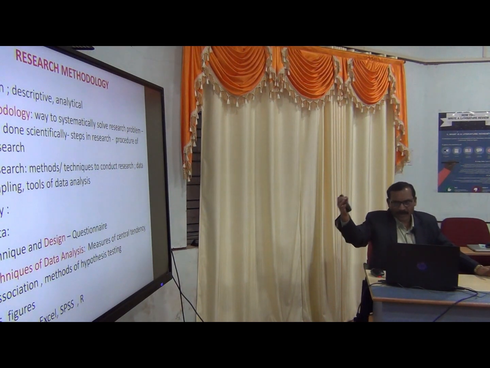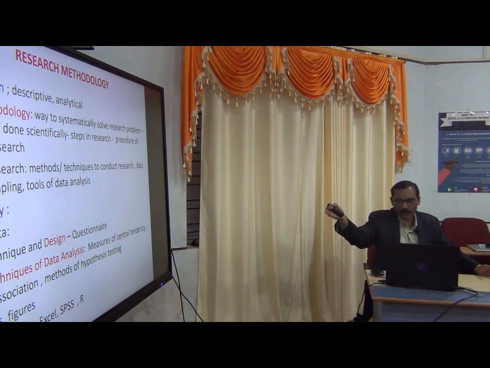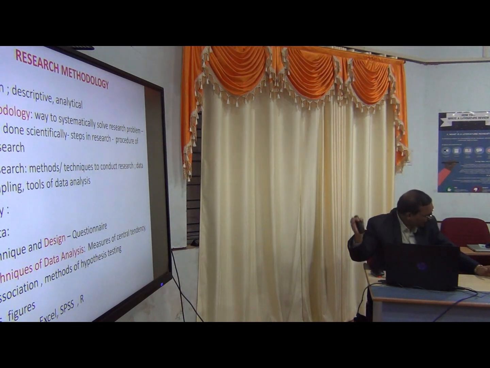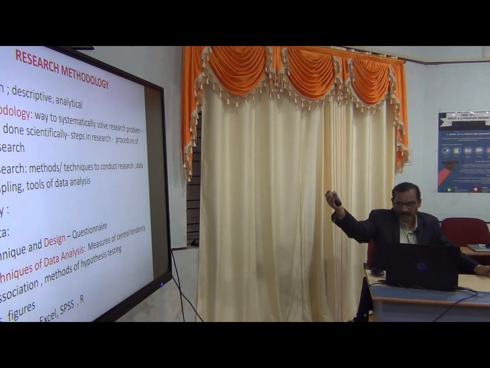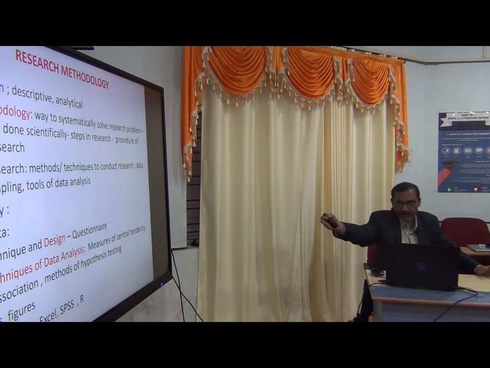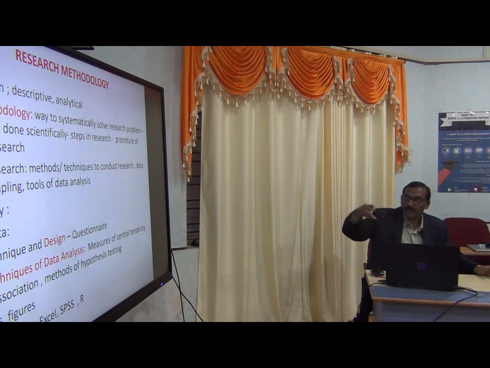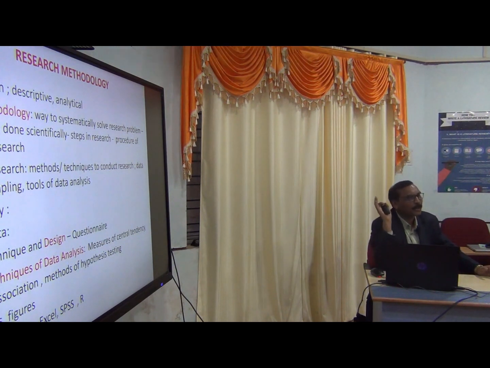You can also mention that you are using maps, graphs and figures to represent data results, and what computer software you are using to process and analyze the data, like Excel, and nowadays R is being used. This is what the research methodology part comprises.